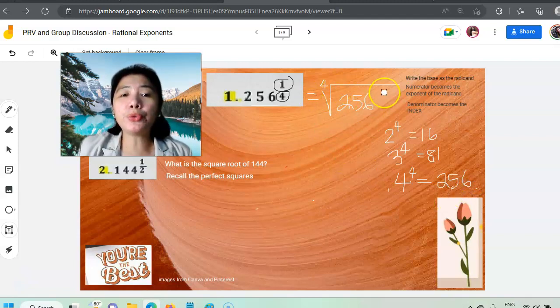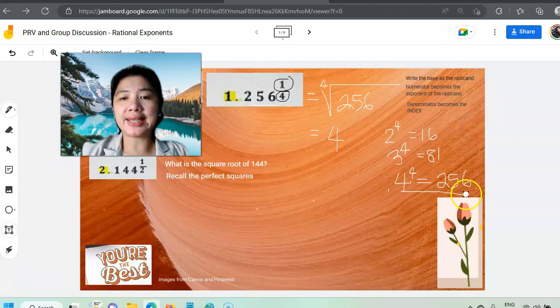So the fourth root of 256 is 4, which means the number multiplied by itself 4 times that would equal 256 is 4. So we can have 4 to the 4th is equal to 256.